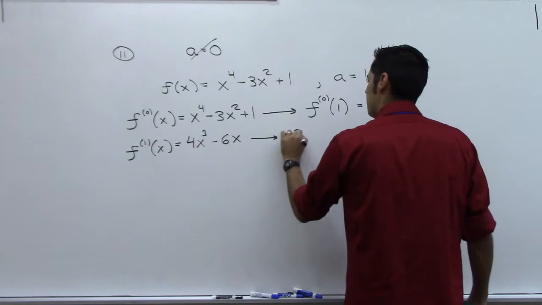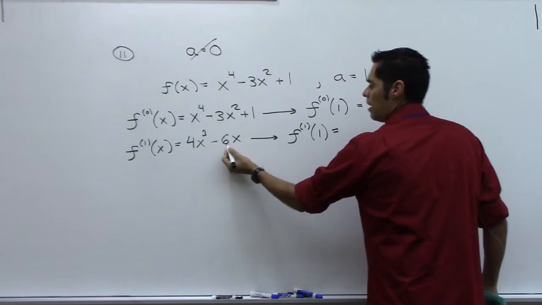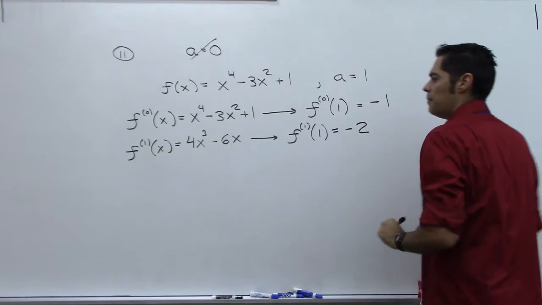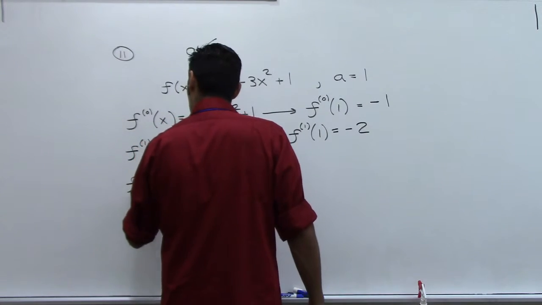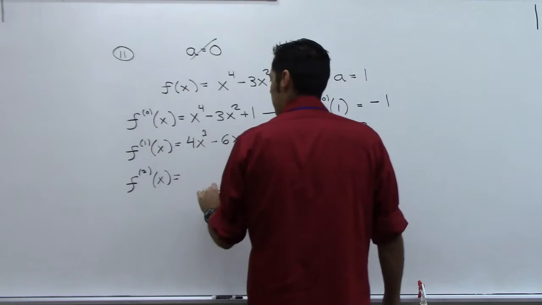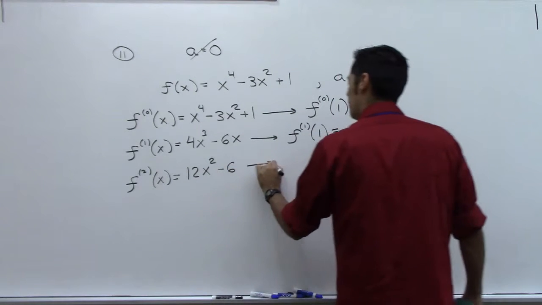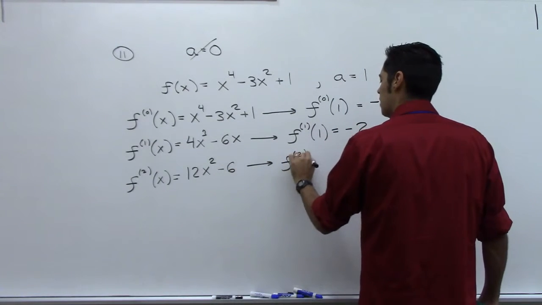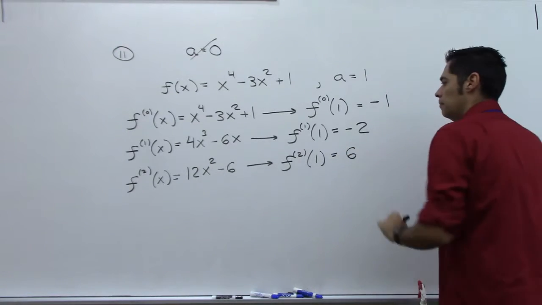Plugging in 1, I get 4 minus 6, which is negative 2. The second derivative is 12x squared minus 6, and plugging in 1, I get 6.